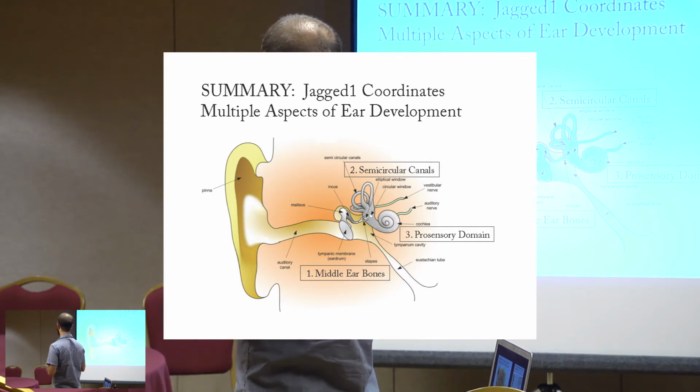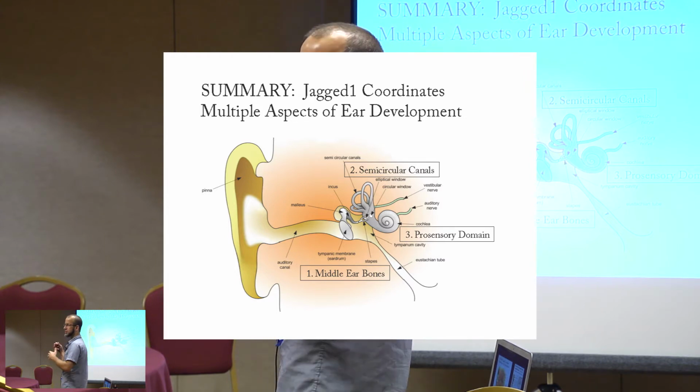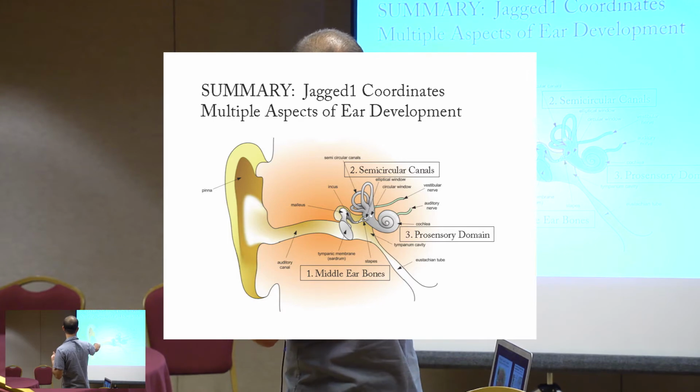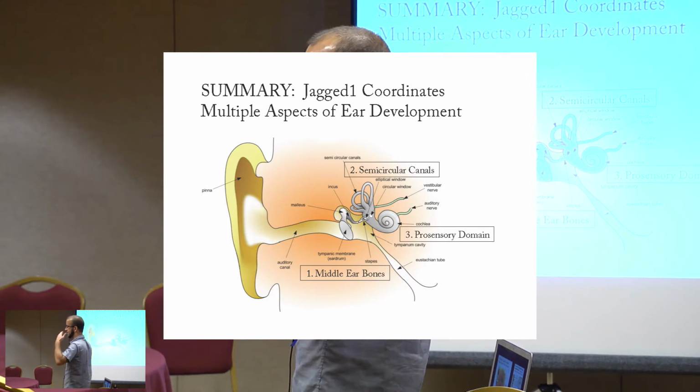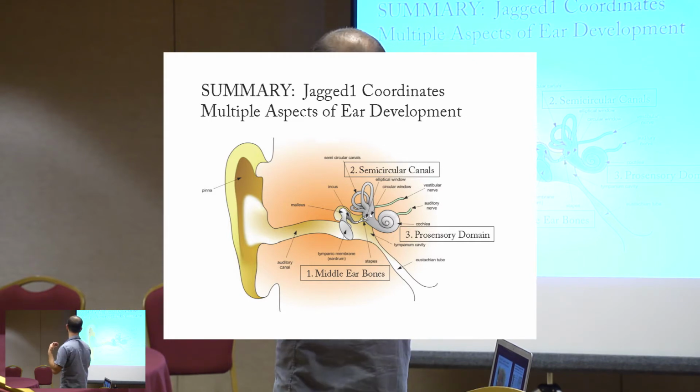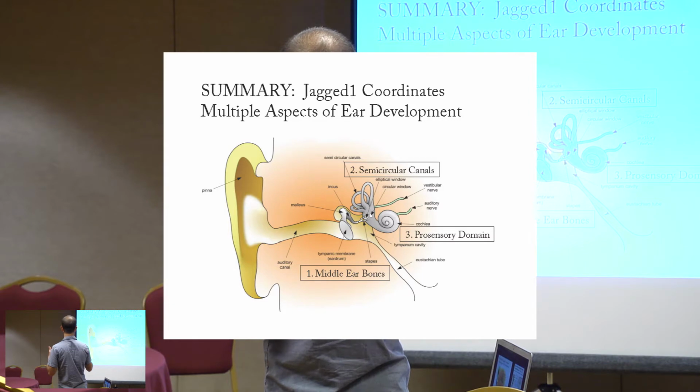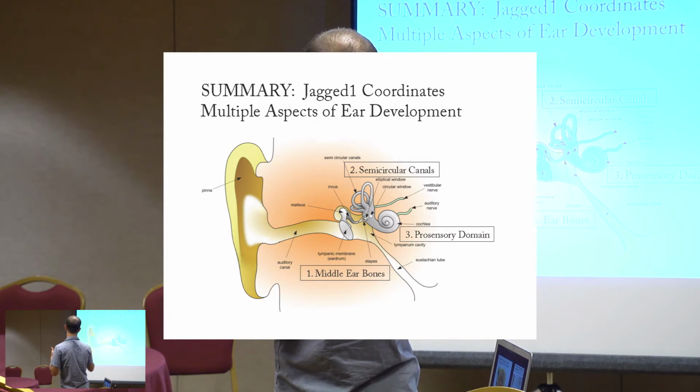And one of them is called Alagille. And it has this vestibular defect, so they have a problem with balance. And it turns out that loss of Jagged1 also affects these semicircular canals that are involved in the vestibular system in terms of balance. Actually, several Alagille syndrome patients have been reported to have defects in these semicircular canals.